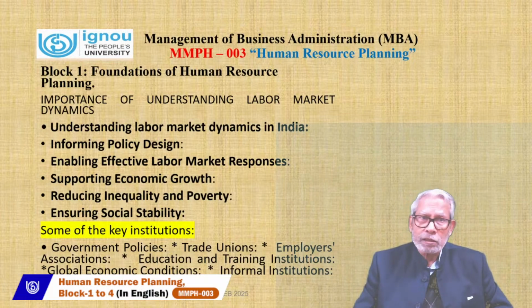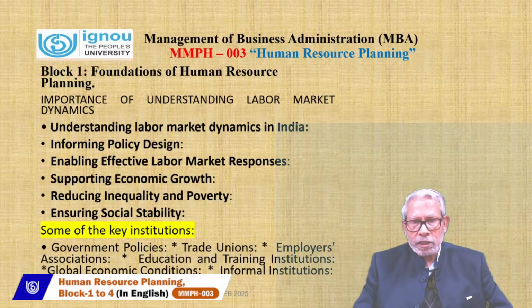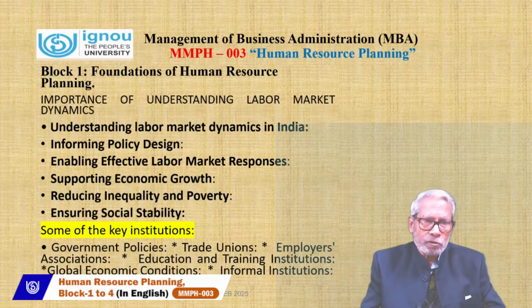Then some of the key institutions which companies have already implemented or are involved with in this process: the government policies, trade unions, employee associations, education and training institutions, global economic conditions, and informal institutions. All are institutions which are influencing all these things.